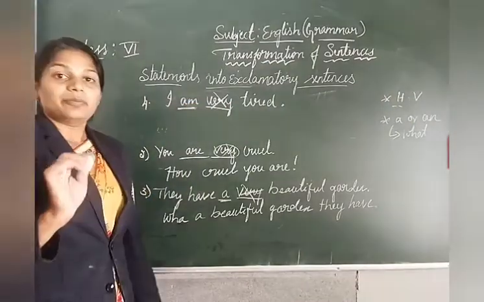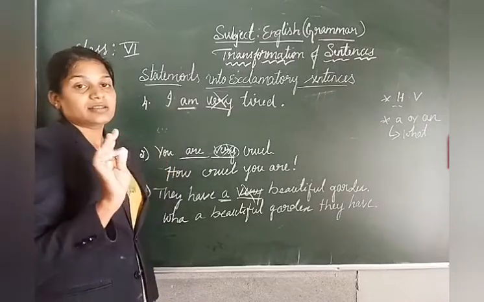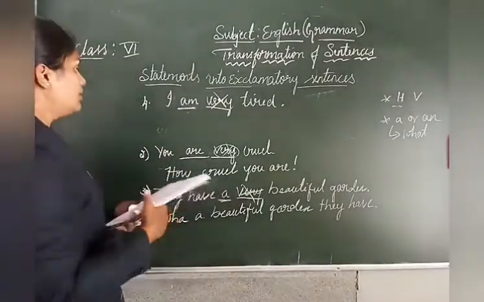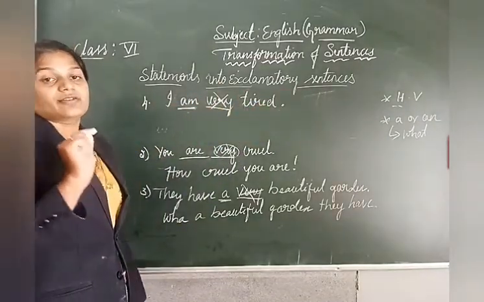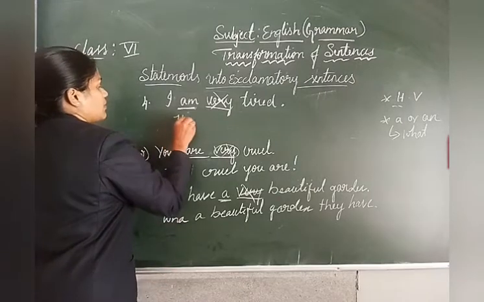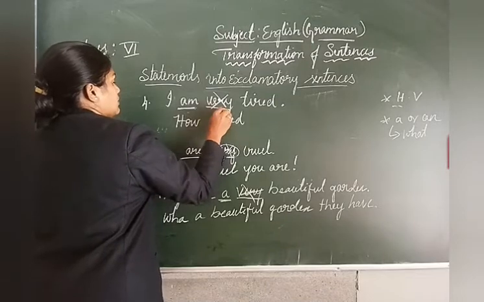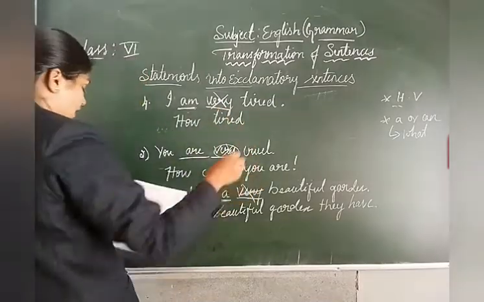The helping verb should go to the end, because we have to write it at the end of the sentence. Then, if an or a is there? No. So the sentence should start with "how". How tired I am.